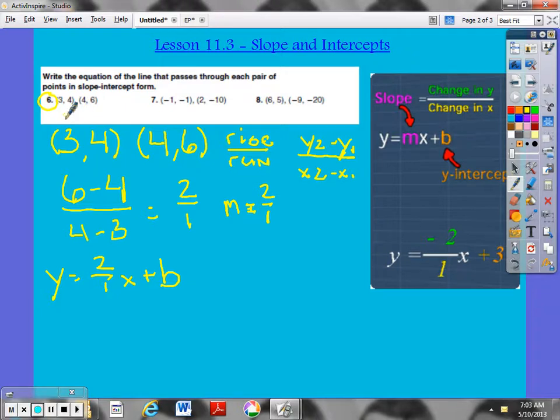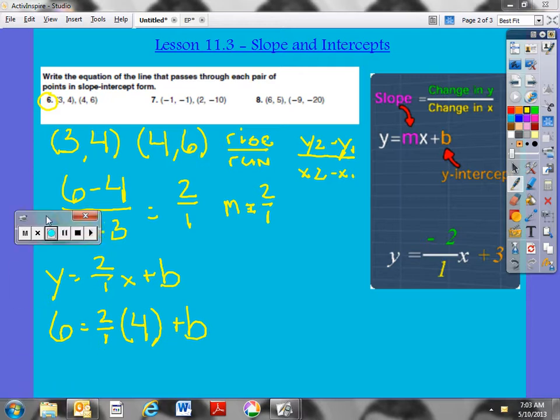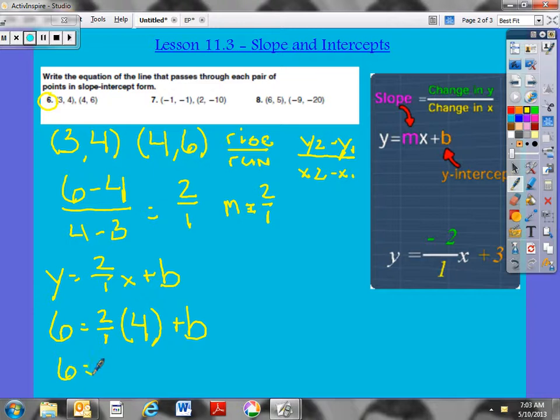Because I like to multiply easy for myself, I'm going to go with the ordered pair 4, 6. So now y is 6, so this becomes 6 is equal to the slope, 2 over 1, times the x value, which is 4, plus the y-intercept, which is what I'm trying to solve for. So now I have 6 is equal to 2 times 4, that gives me 8, plus b.